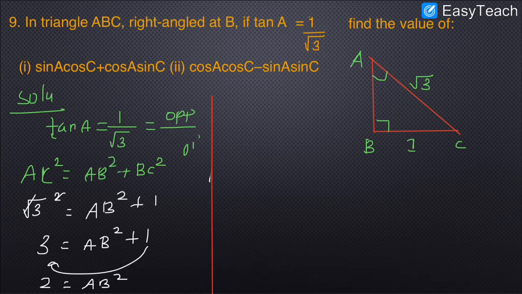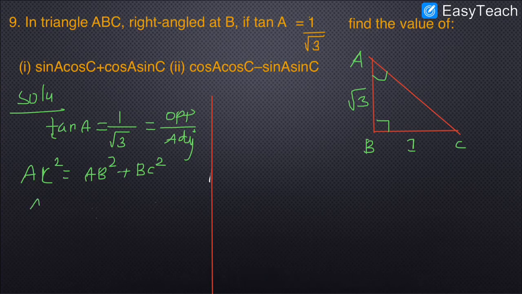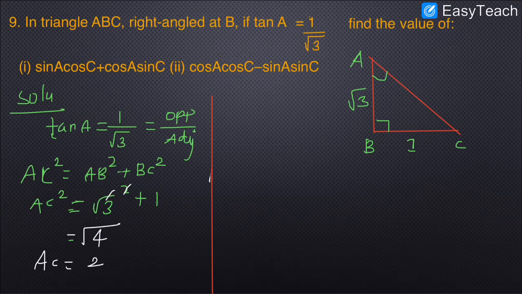So, AB is, sorry, I am extremely sorry, this is tan A, opposite by adjacent, sorry for the inconvenience. So, opposite by adjacent, so the value goes here, root 3. So, AC square equal to AB square root 3 square plus BC square 1. So, it cancels out, 3 plus 1 is 4. So, AC is root 4, which is 2.